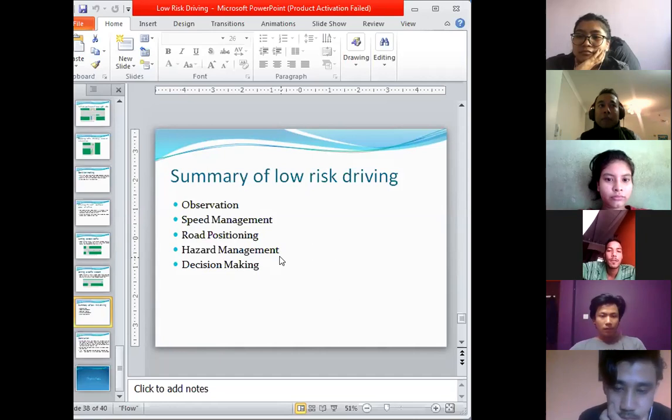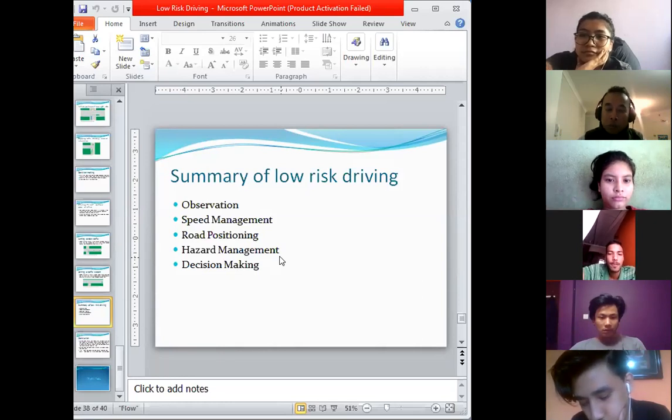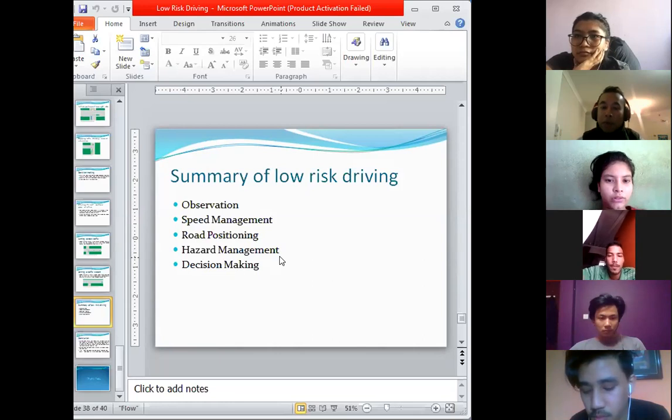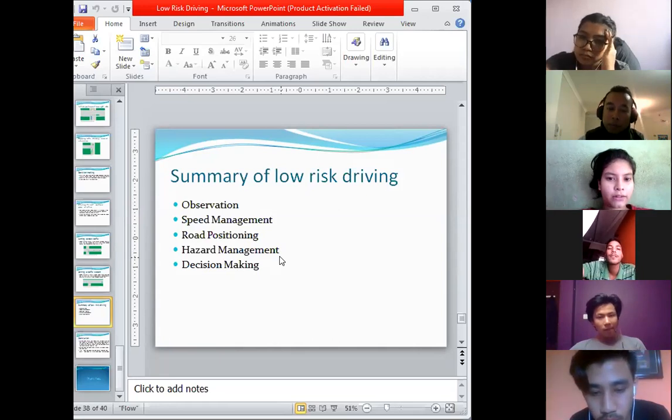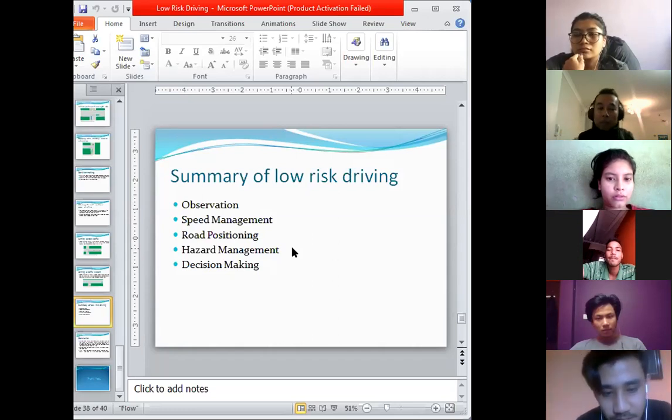Let's say you see some pedestrians on the street, what should your response be? Your response should be slowing down and moving a bit away from the pedestrians to avoid a crash with them. If you don't slow down, you probably have a crash because you don't know the pedestrian's intention. So whenever there is a hazard, you must slow down and move away from the hazards.